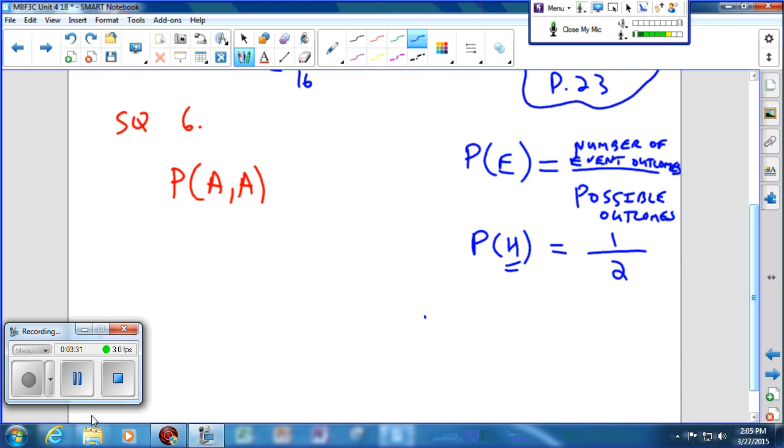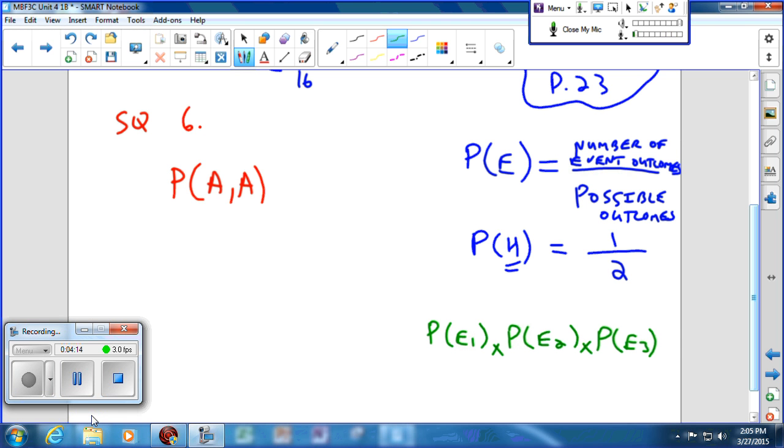If you have the probability of one event, and you want to know the probability of that event and then another event, and then a third event consecutively happening, you just multiply them.